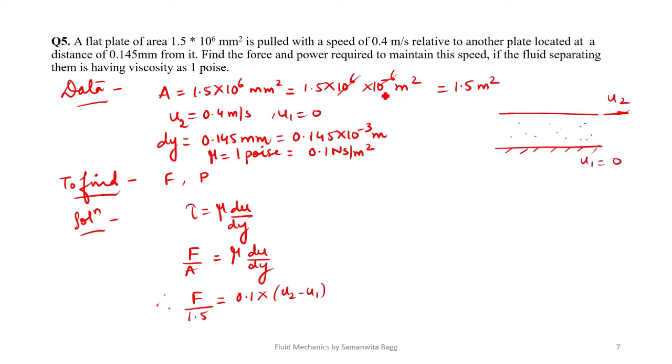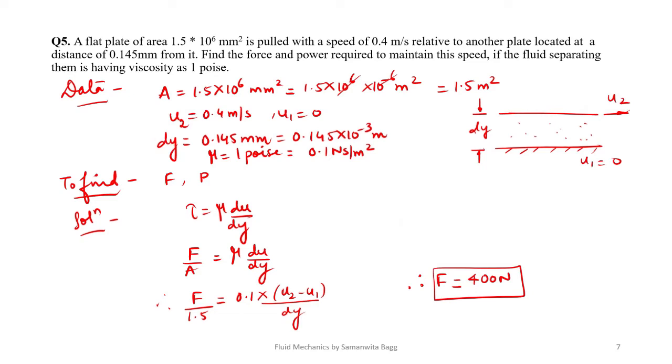This is distance dy. So when I substitute here, I will get the value of F. u2 is known, u1 is known, dy is known. I obtain this value as 400 Newton.